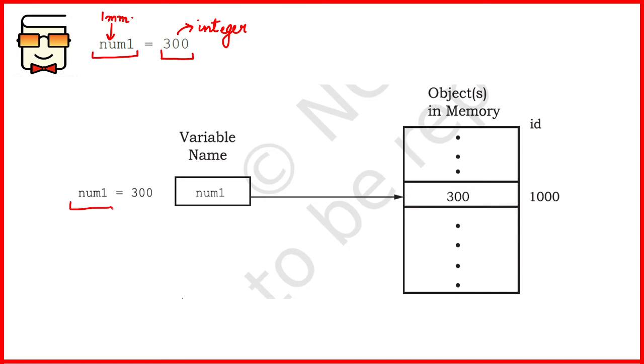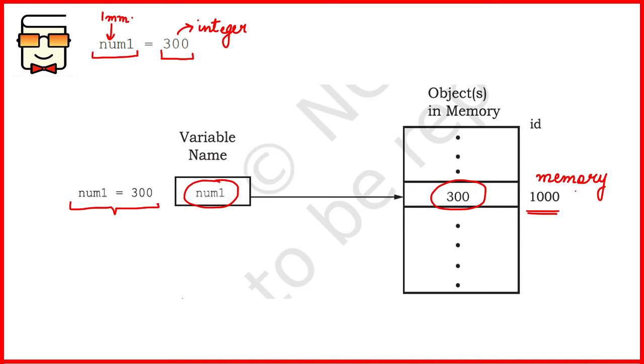Now when you execute this statement, that means you assign this particular value to the variable, what internally happens is that the Python shell creates a variable named num1 and it associates this variable with its value 300. This particular value is stored at some memory location. We have seen that a memory location is the identifier of the particular variable.